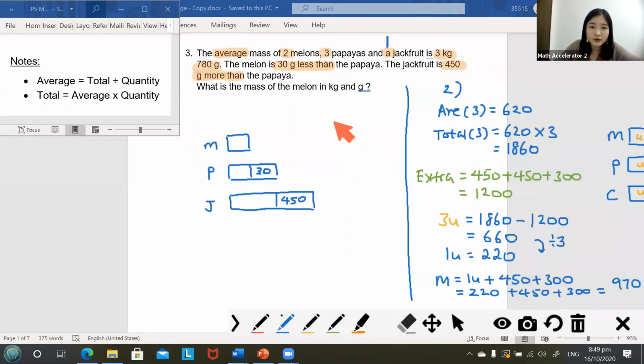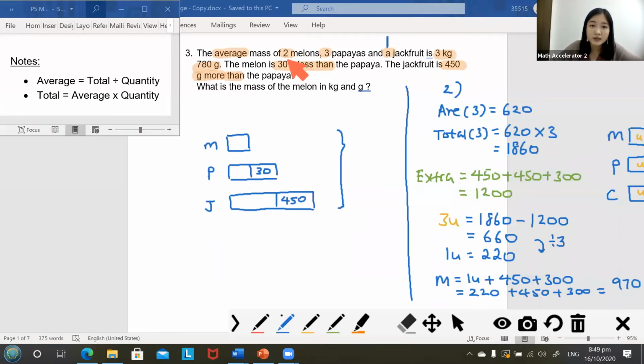Okay, so before you go and write out the total here, using the average, what must you do first? What do we have here? 1 of each. 1 melon, 3 papayas, and 1 jackfruit. However, if you go back to the question, we have more than that.